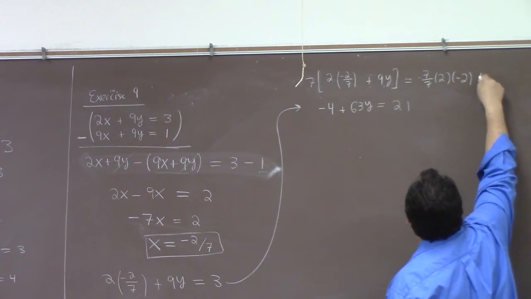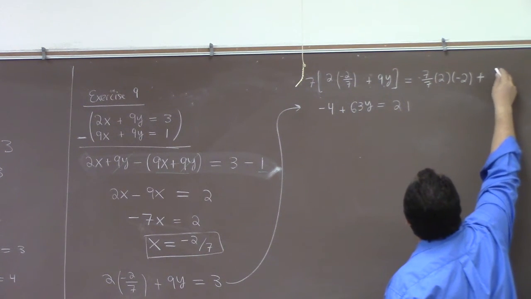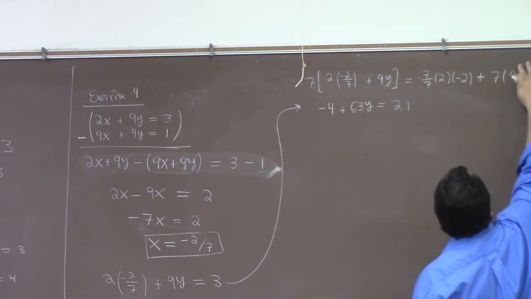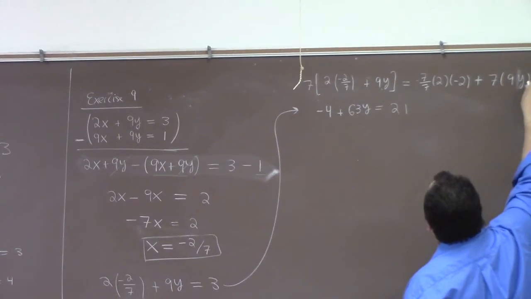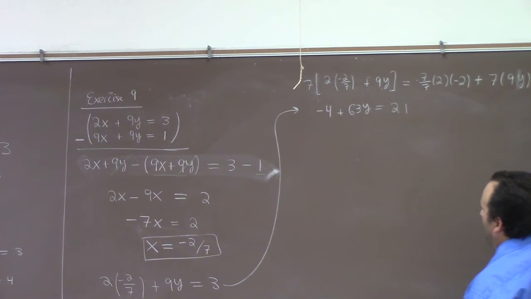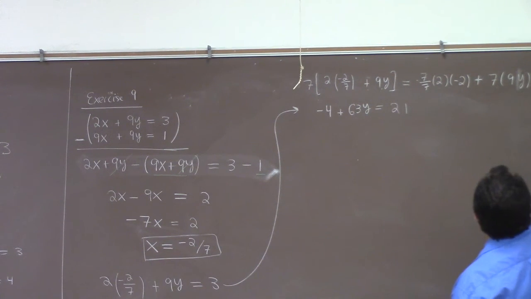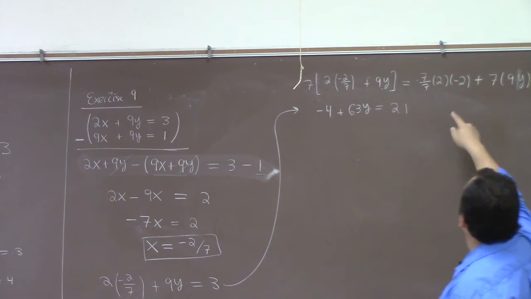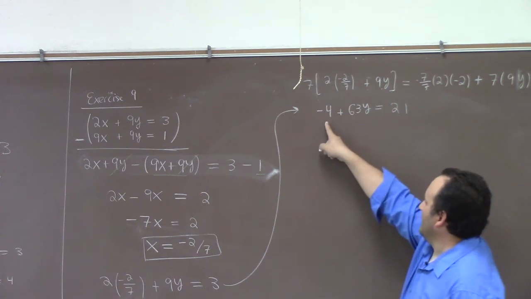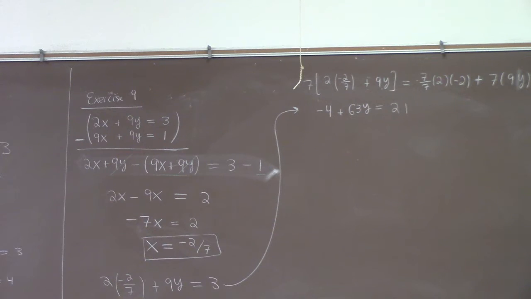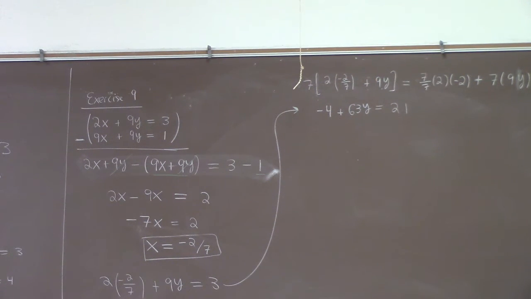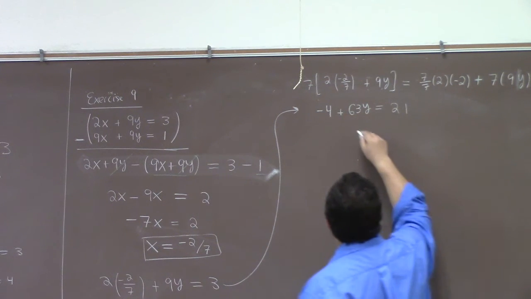Yeah, multiply by the denominator of the fraction, exactly. So that's why I got 2 times minus 2 is minus 4. The 7's cancel. So we get 63y.